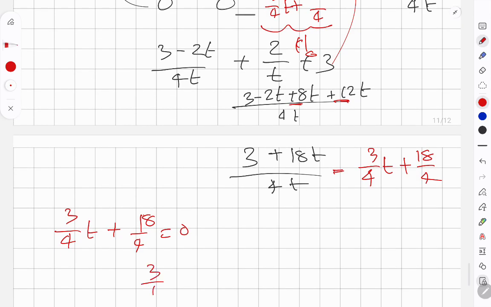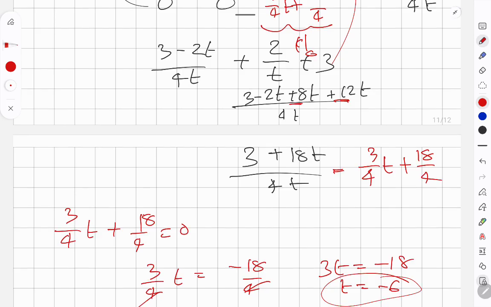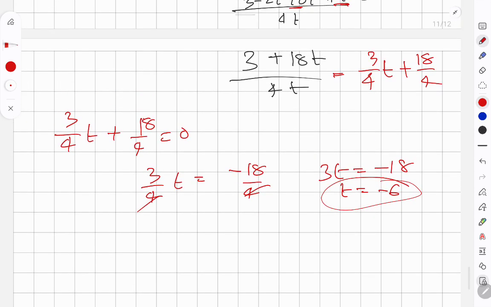Then 3 by 4t is equal to negative 18 by 4. 4 cancel. 3t is equal to negative 18. t equals negative 6. So if t equals negative 6, v belongs to the image.